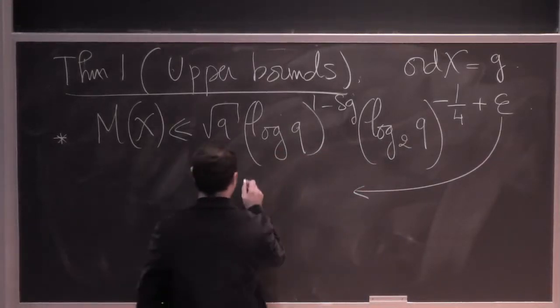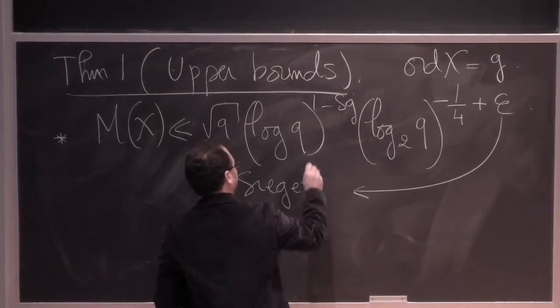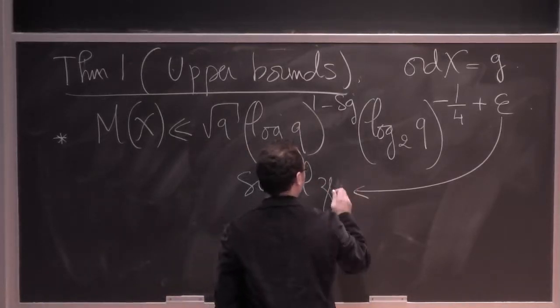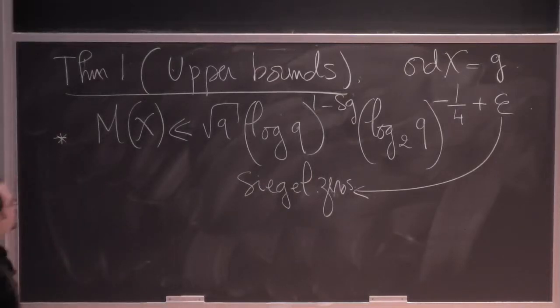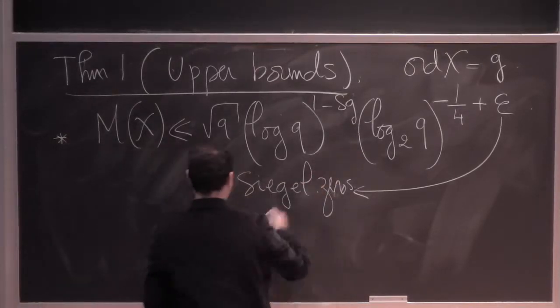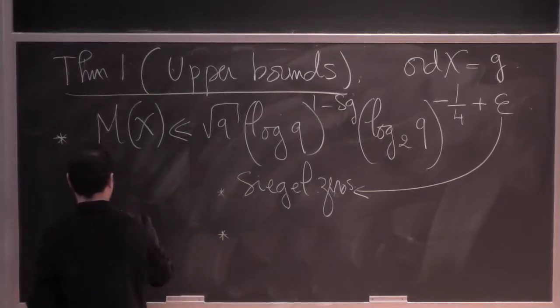So this is coming from Siegel zeros, or let's say exceptional discriminants. And if there are no Siegel zeros, then you can do better than this. So no Siegel zeros.